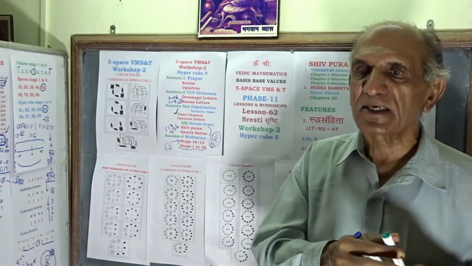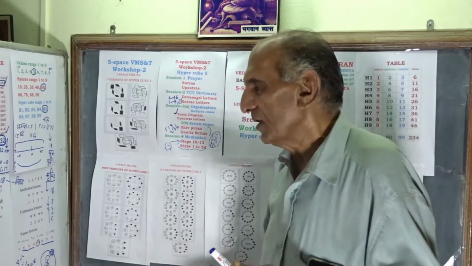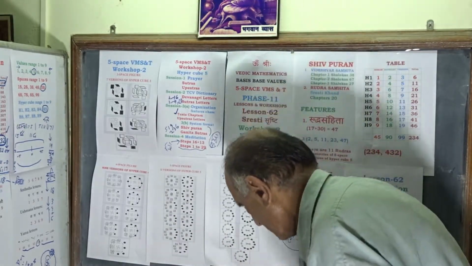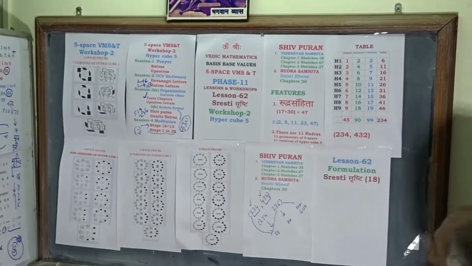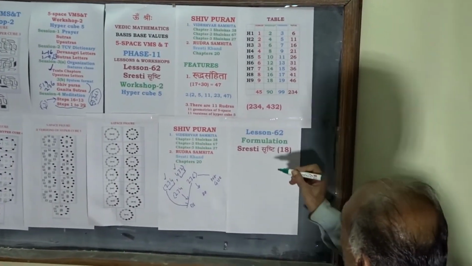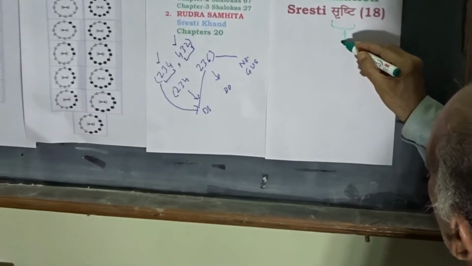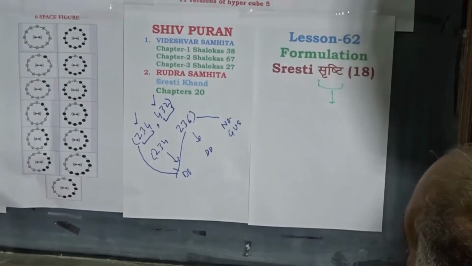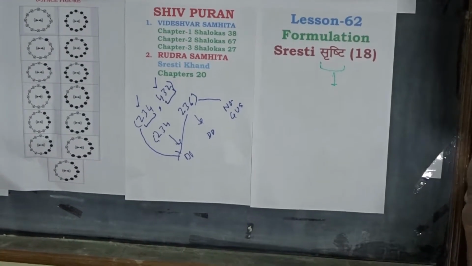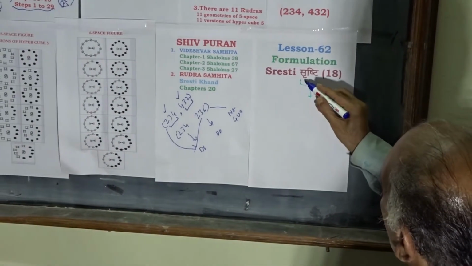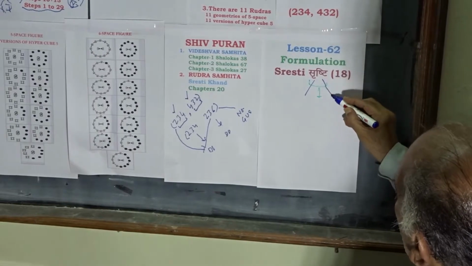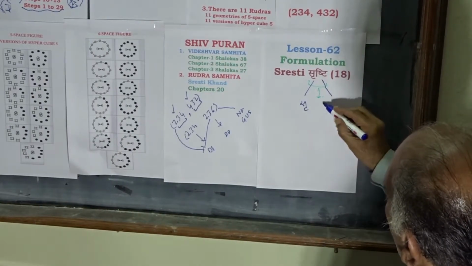Therefore, let us focus upon the formulation Srishti. This formulation Srishti accepts an association of value 1 as it is a complete formulation. Further, we see that this formulation is of a pair of syllables, Sri and Shti.